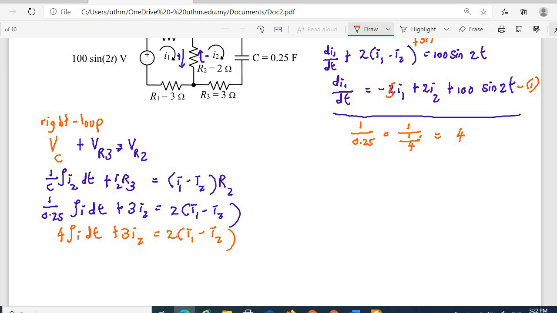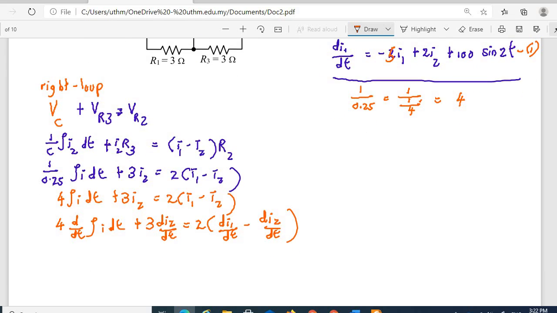To eliminate the integral I dt, you take d/dt on both sides. d/dt of integral I dt plus 3 times d/dt of I2 gives dI2/dt equal to 2 times (dI1/dt minus dI2/dt).